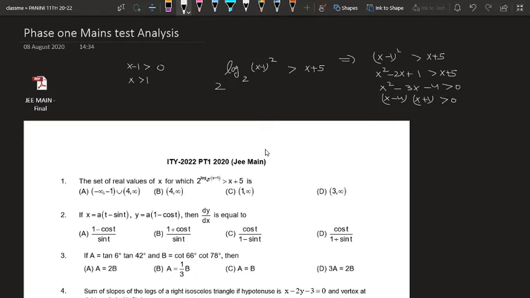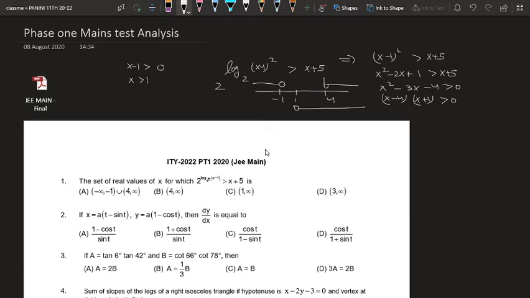x square minus 3x minus 4, if we draw a number line, minus 1 and 4, plus minus plus. This x is greater than 1, so you cannot accept anything less than 1.